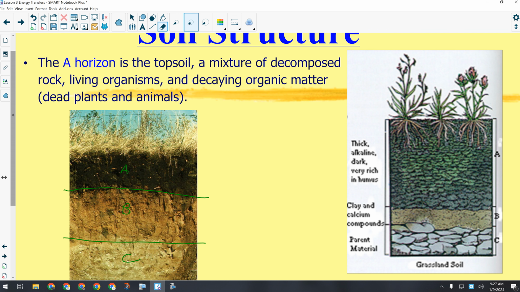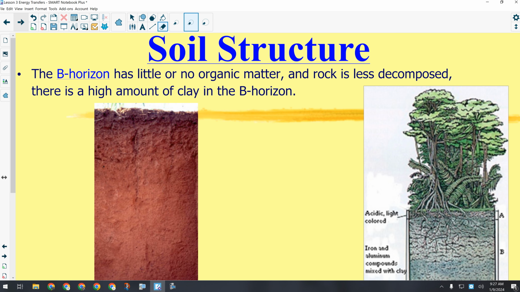The same would be true in a deciduous forest, where every year the leaves are shed. Those leaves become a layer of decomposing material. They typically also have fairly thick A horizons. The B horizon is quite a bit thinner, and then you've got the C horizon quite a bit further down. The B horizon has little or no organic matter, the rock is less decomposed, and there's lots of clay.